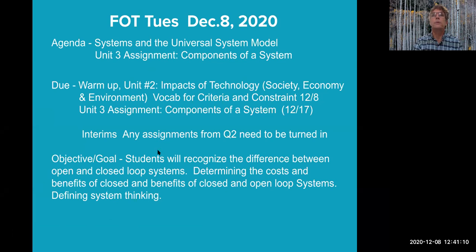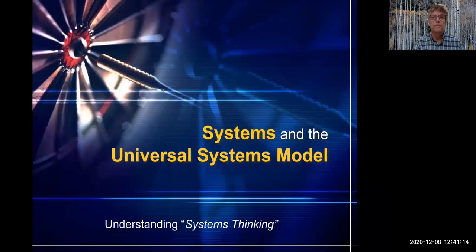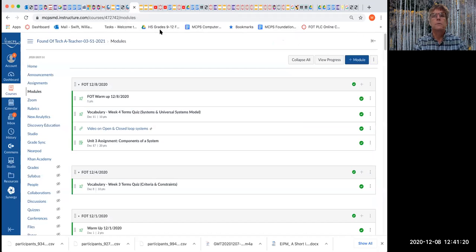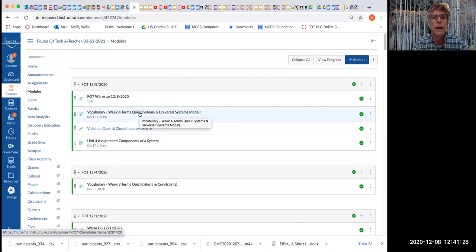So, hang on, let me just show you a couple things that are in the module. Let me show the module. There we are, and you're seeing it. Let's do the warm-up, but I just wanted to say, so here's the vocab quiz. This is probably dated wrong. I need to adjust this date.